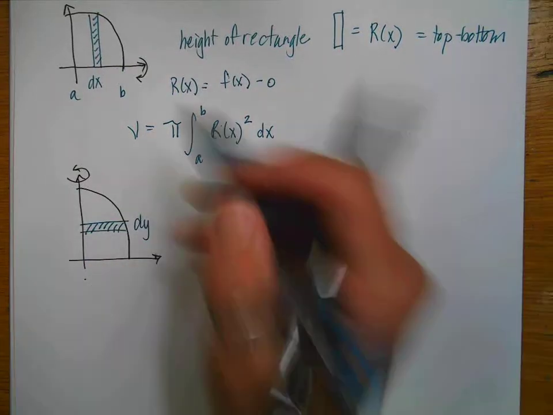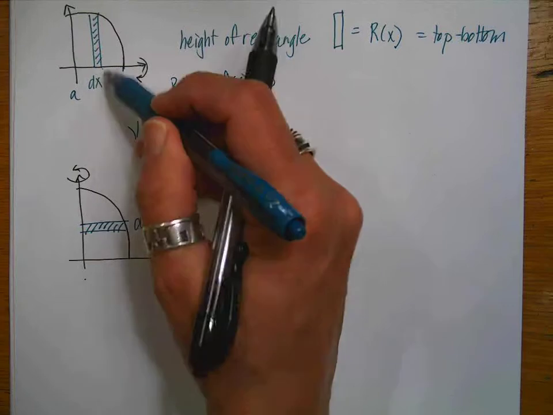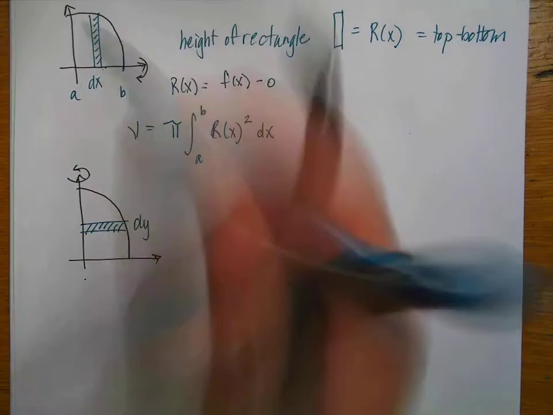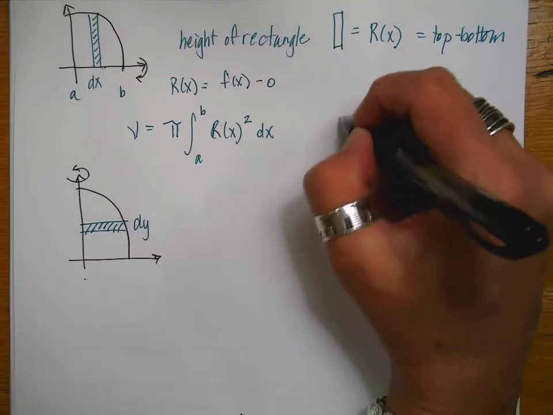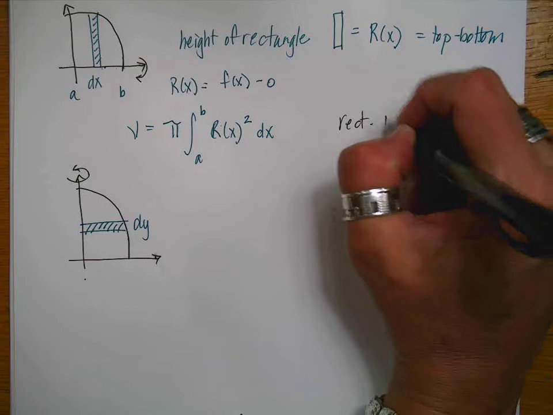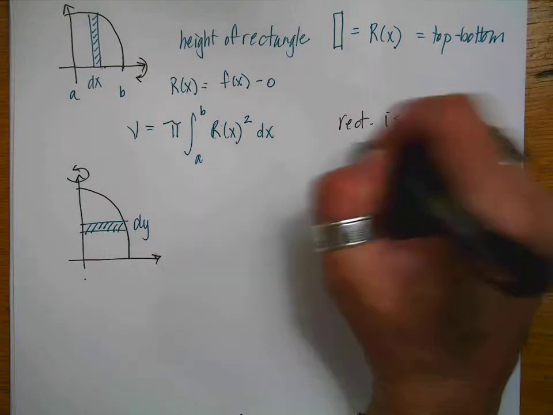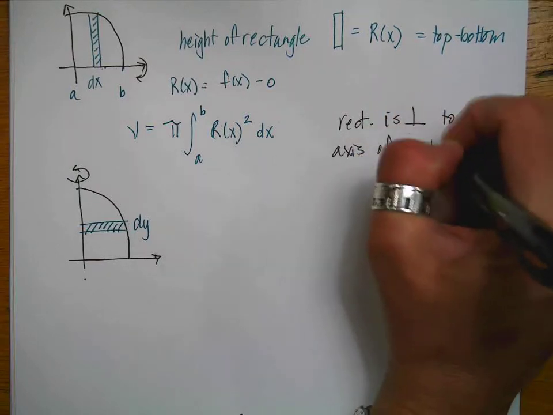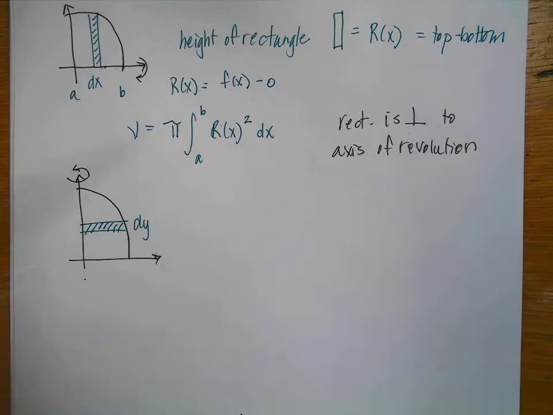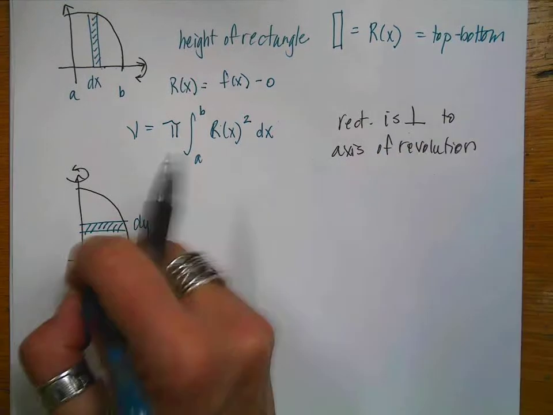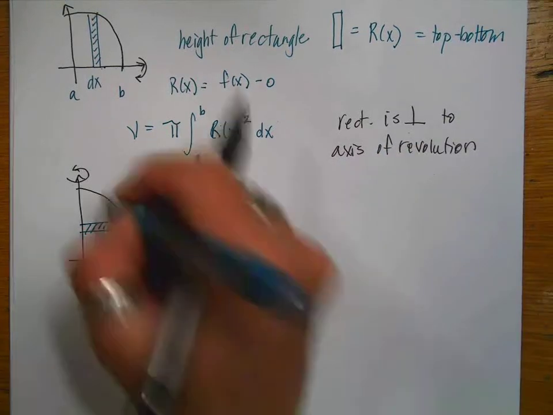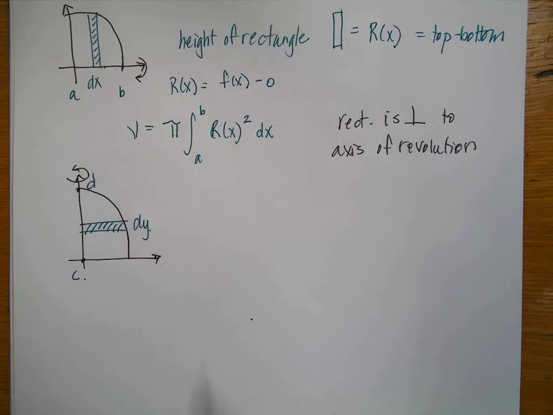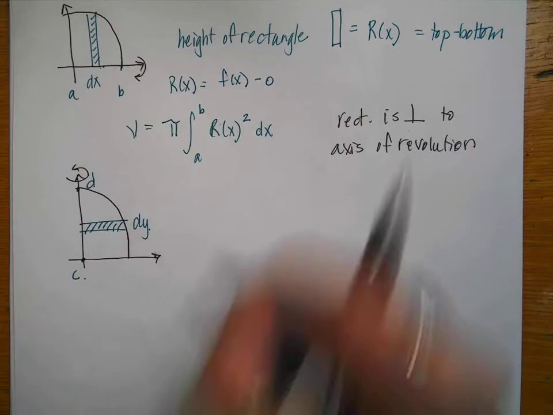Notice that the rectangles are perpendicular to the axis of revolution, and I'll write that down. So my rectangle is perpendicular to the axis of revolution. That will change later in the chapter. Okay. Since I'm going to have a dy, that means I'm going to integrate from bottom to top, so I'm going to call that C to D.